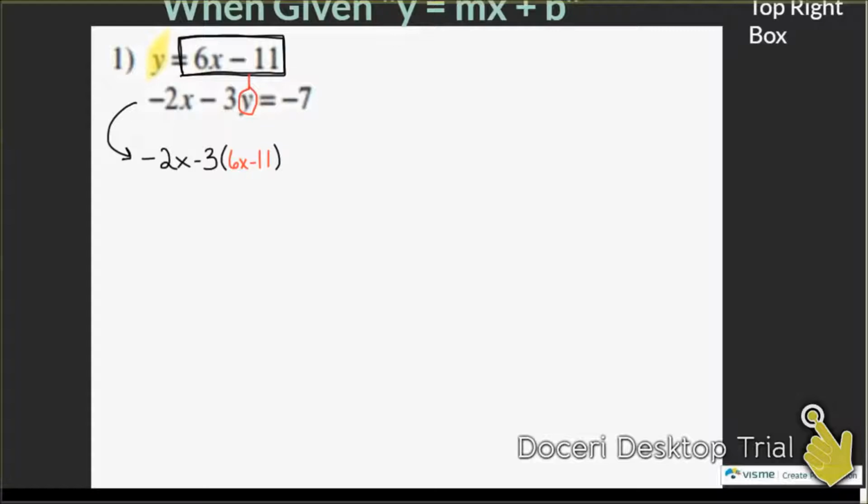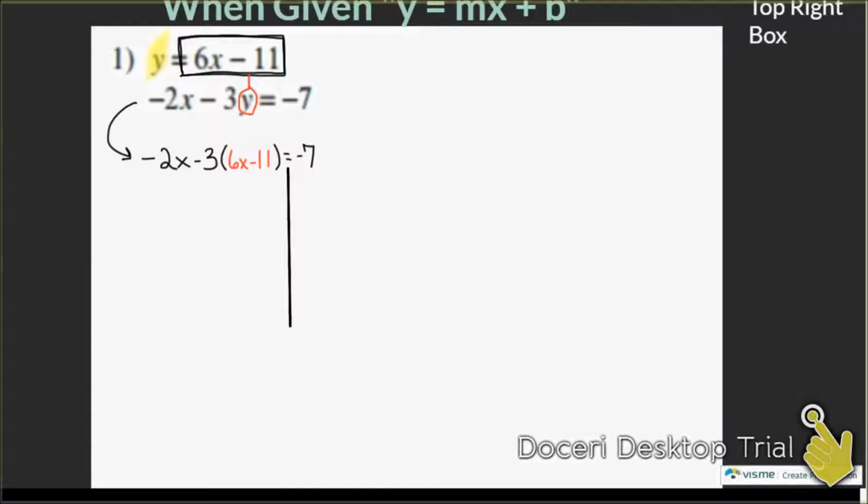Then all of this is going to equal negative 7. All we've done is take what we boxed, everything behind the equal sign, and put it where y was. So instead of y, this equation says 6x minus 11. Now instead of having an equation with two different variables, we've created an equation with one variable.